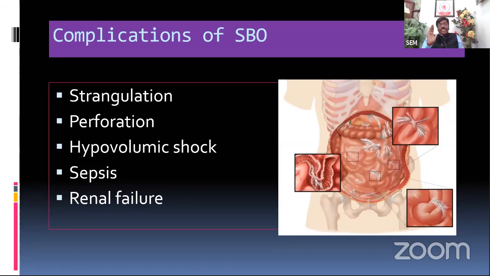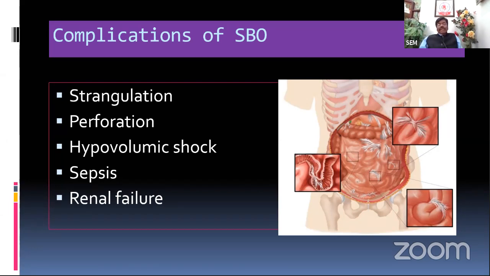But if you don't treat these people early enough, people can die. In other words, small bowel obstruction, what is a simple one, can become a serious lethal problem for the patient, because the bowel can go for strangulation, perforation, then hypovolemic shock, sepsis, multi-organ failure, of course renal failure, coagulation failure, and the patient will go for a downward spiral and death.